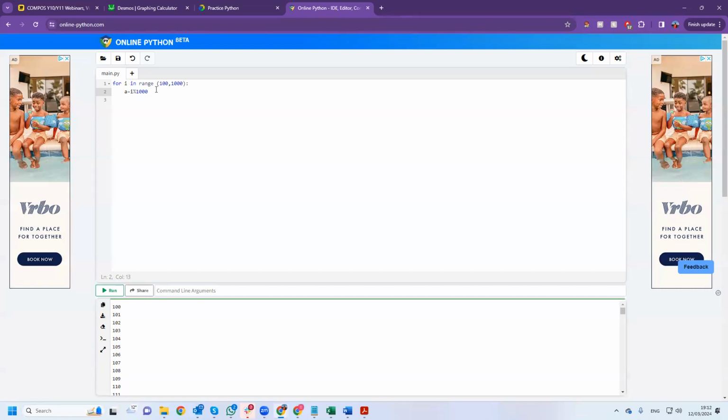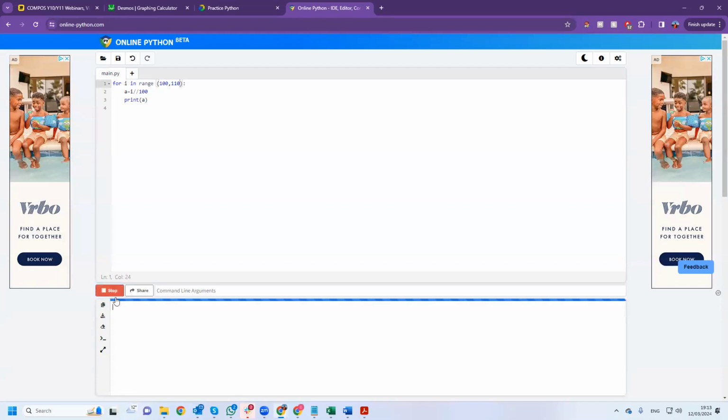Print A. That's the divide by 100. So that gives you the first digit. I'll just go up to 110 for now.